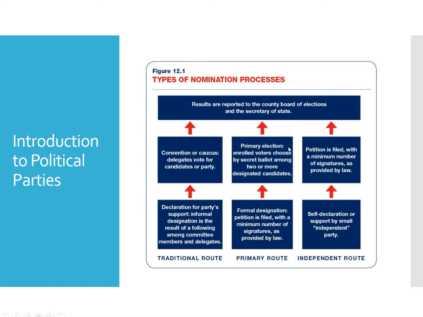Then there's a primary election, and voters choose by secret ballot among two or more designated candidates, and thus you get onto a ballot that way. And then the independent route, outside of the two main parties, is self-declaration or support by a small independent party. Then a petition is filed with a minimum number of signatures provided by law to get your name on the ballot, and you're placed upon the ballot. Okay.